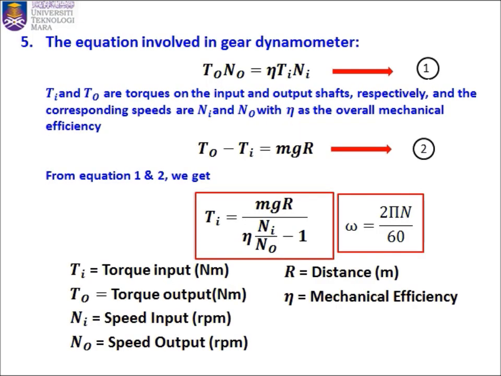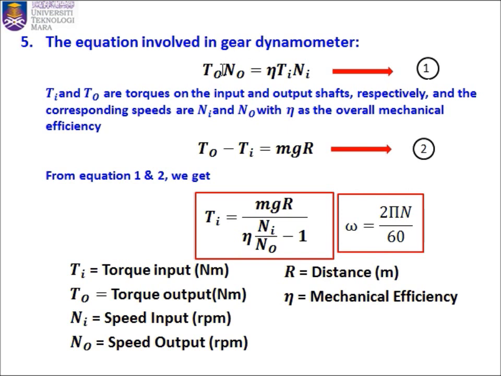Next, we move to the equations involved in gear dynamometer. The first equation is: T output times N output equals mu times T input times N input. N is speed, T is torque.